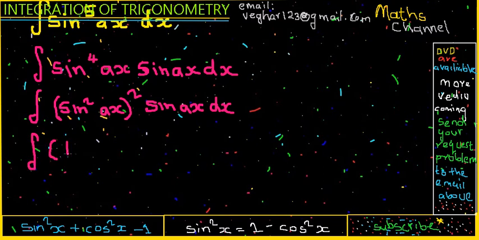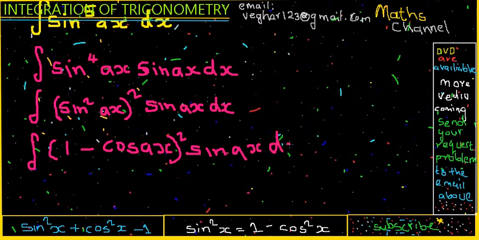So you'll have something like 1 minus. So from this point you can use a U substitution to simplify it.